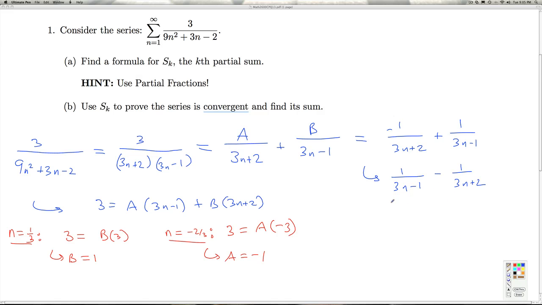So this is the formula I'm going to use now for my terms. I'm going to look at this sum instead of adding up this, I'll look at it as adding up that.